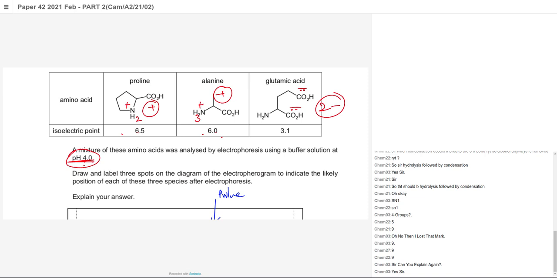As a result, nitrogen will carry a positive charge.